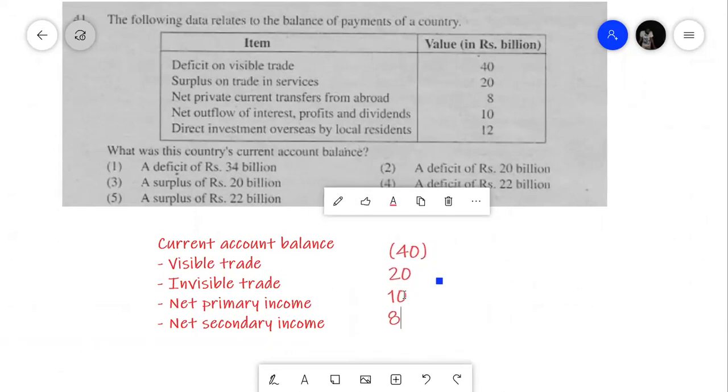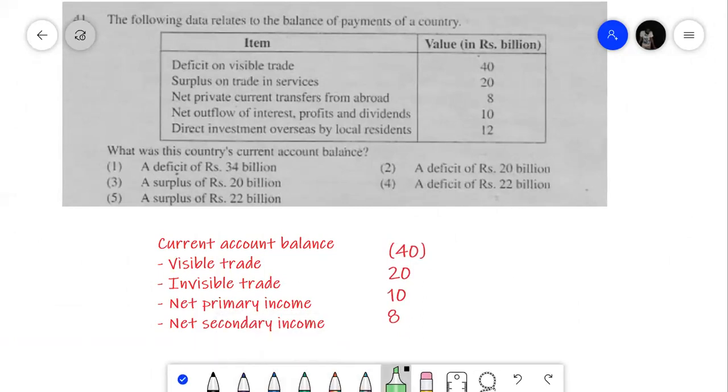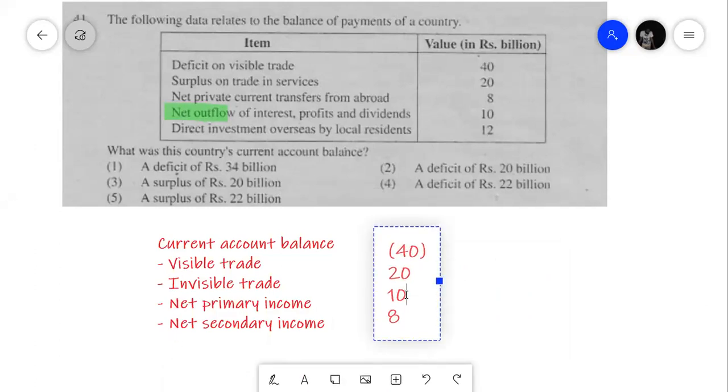Exactly. This 10 has to be a minus. Can you see that now? They have been very smart here. They have not said deficit, but they have said net outflow. That means more money is going out, so the number should not be a plus 10, it has to be a minus. These are small things that you will not notice sometimes. Deficit, fine, minus 40. Surplus 20, fine.